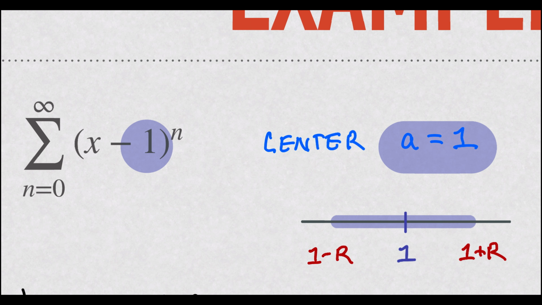First, a statement that the center is a equals 1. So we're looking to find how far away from that center can we stray with x's and still have convergence. Trying to find the radius, and then once we have that radius, then indicating the interval.